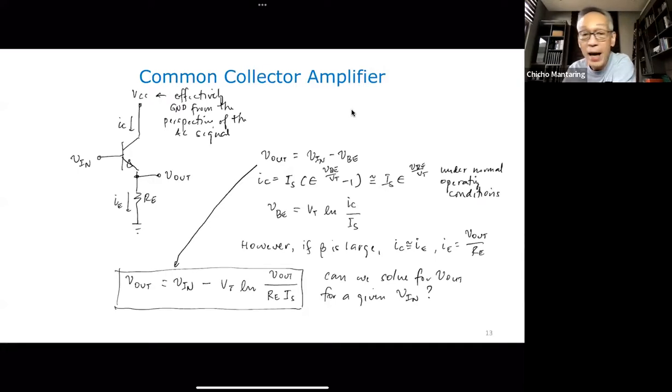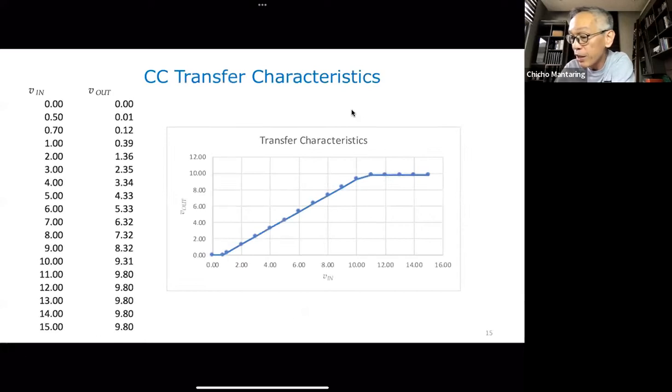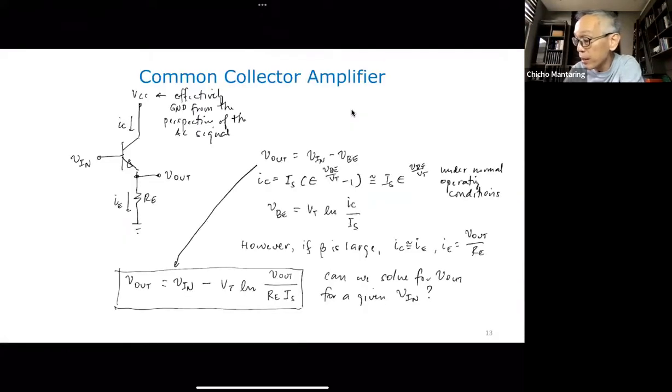Okay. Now I did that, so I'm not going to go through this anymore with you in detail. We've done enough exercise for that. Given a V in, these are the various values of V out that I computed. That's just using this equation.